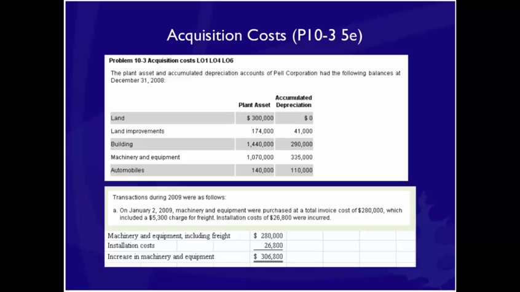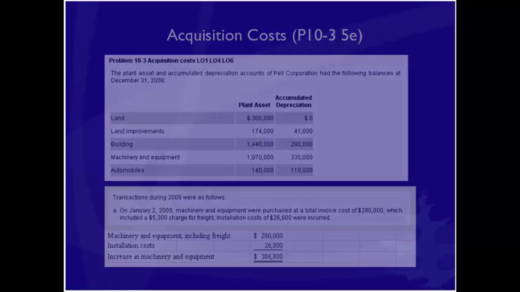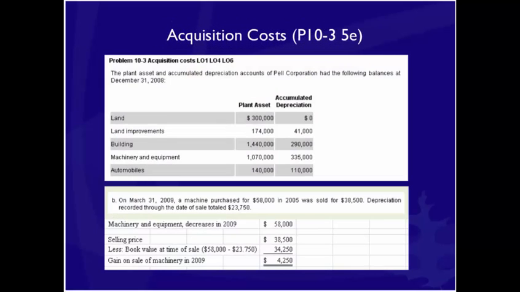We take the machinery and equipment cost, including freight, of $280,000, and we add the installation costs of $26,800 to come up with a total increase in machinery and equipment from this transaction of $306,800.